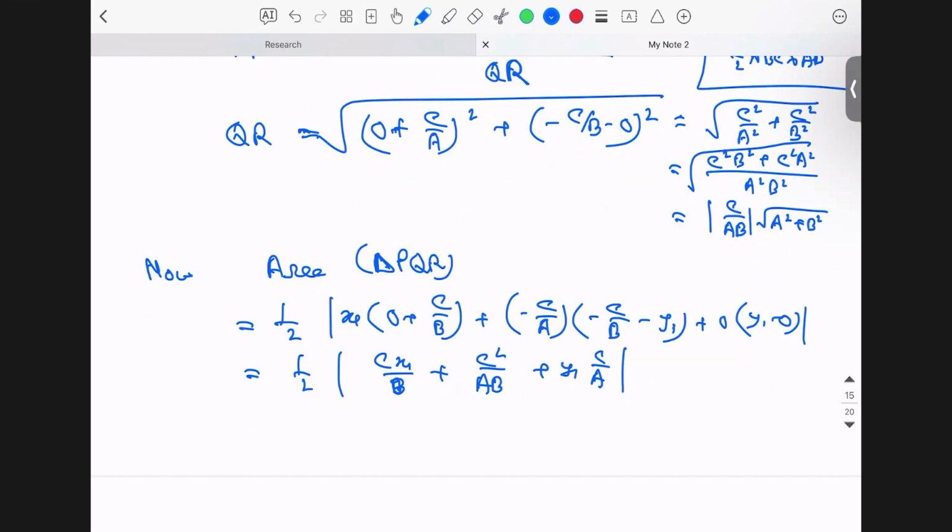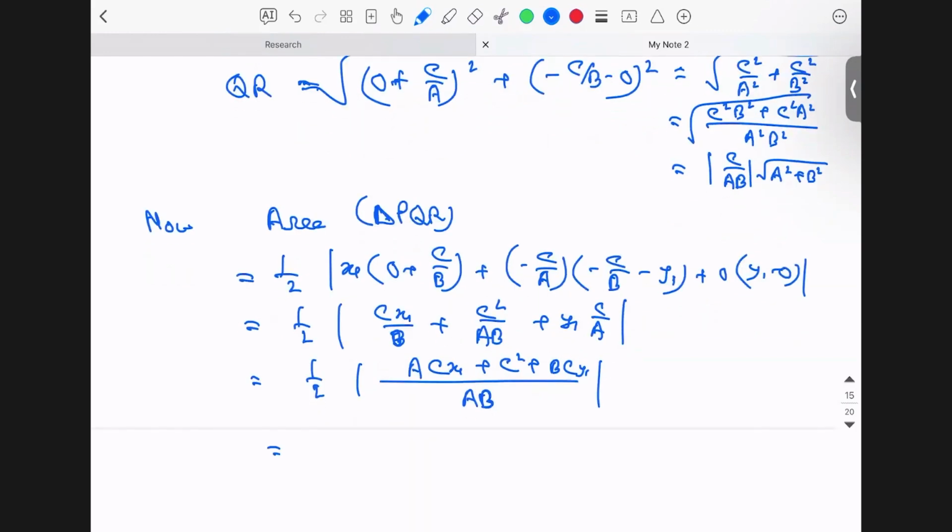Okay, so simplify this. Again, we will be left with mod of the denominator AB, and this will give us Cx1 plus C square plus BCy1.